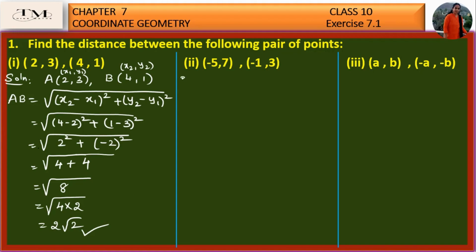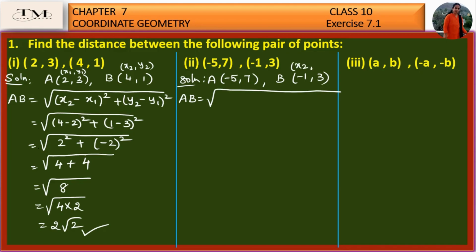So second part, let us name this as A of minus 5, 7, B of minus 1, 3. We have to find the distance between AB. So the formula is here: x2 minus x1. This is x2, y2 and this is x1, y1.